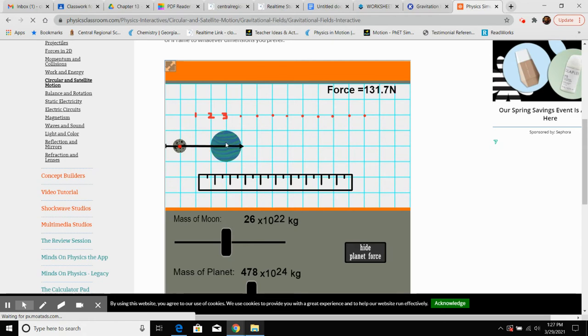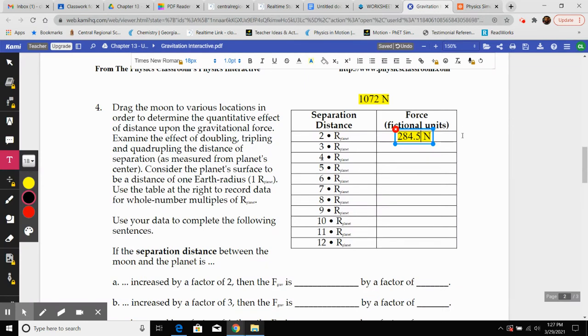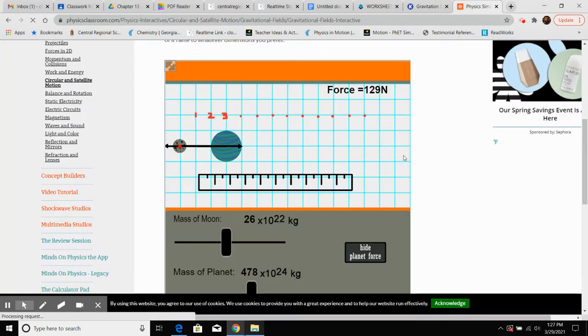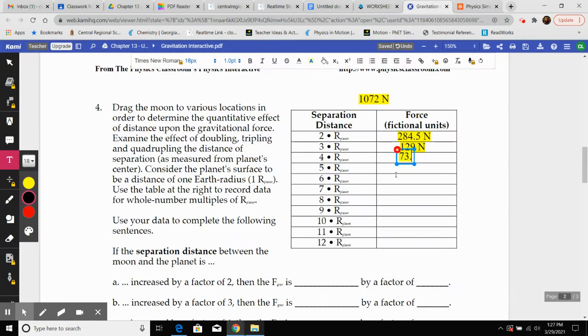If it's off by a tiny bit, it's okay. It's kind of hard to get it to fit exactly perfect. Okay, I got this one here is 129. Four times the original. 73.3.